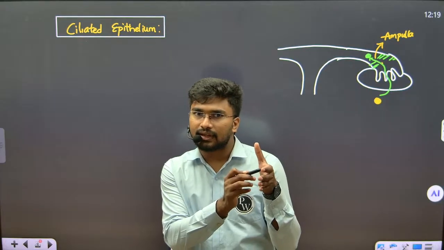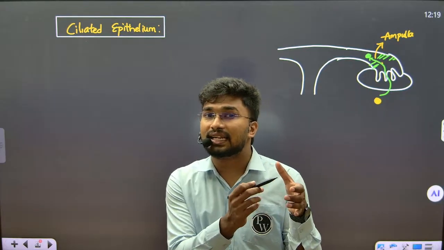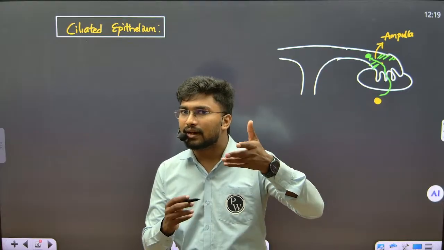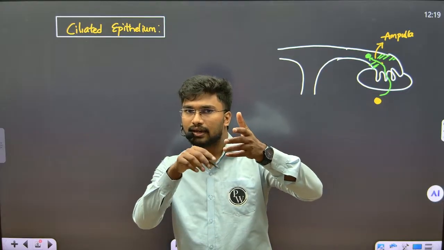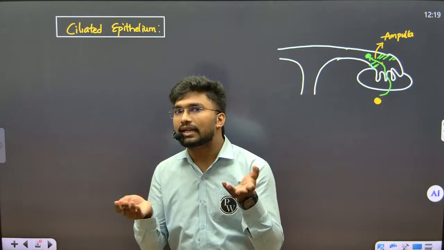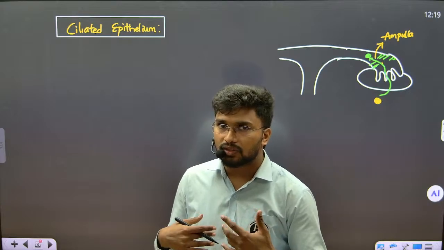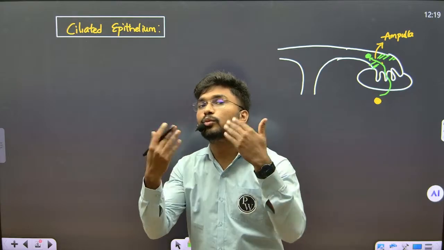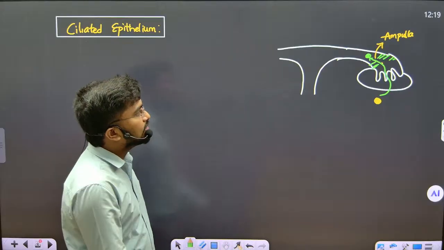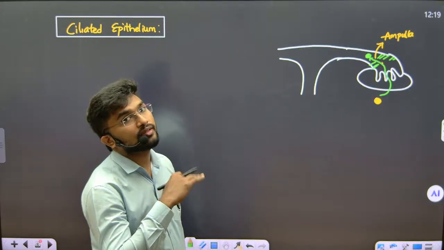Inside, you are seeing that it has pseudostratified ciliated epithelium. What I mean to say is, cilia are present. The cilia are moving. Movement of cilia sends the particles in a certain direction, so it will try to remove them. Accidentally, if you inhale dust particles, our body naturally tries to remove that dust. Got it? So that is the significance of cilia.